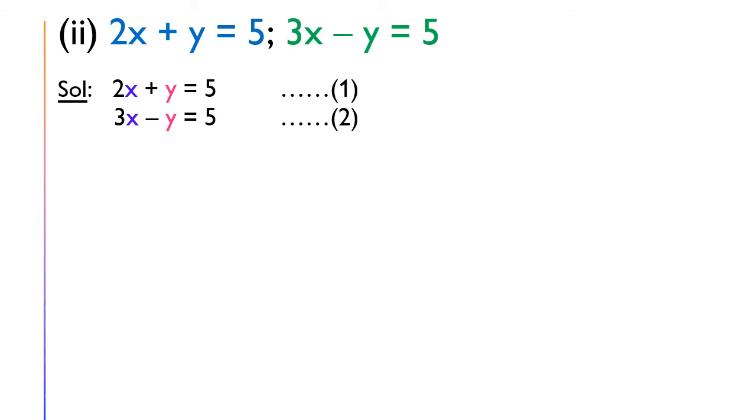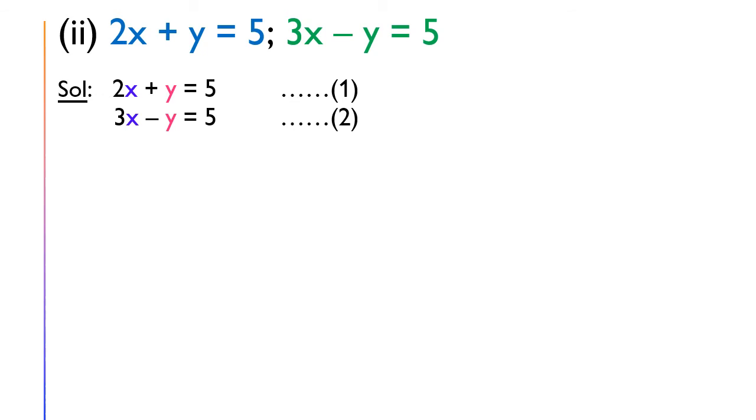Okay children, now remember this, we change the coefficients by multiplying or dividing. And how do we decide whether we are going to add or subtract? If the signs are opposite, then we add, and if the signs are same, we subtract.